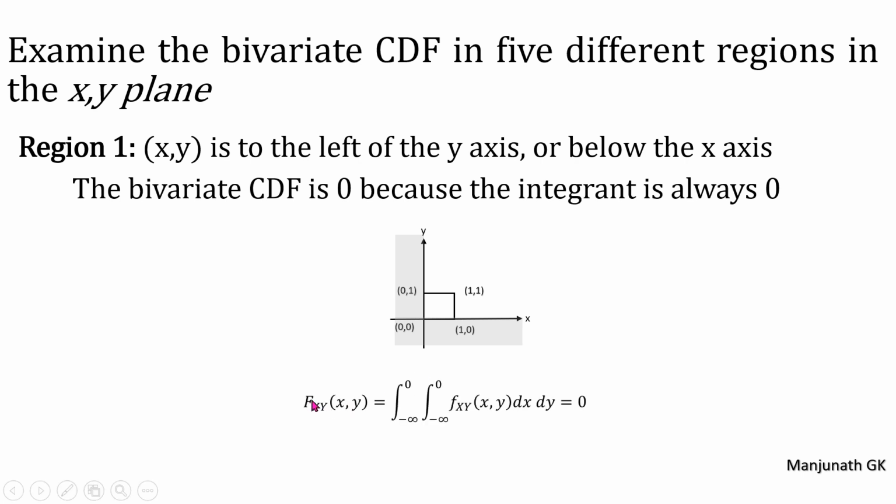A bivariate CDF can be calculated by integrating a bivariate PDF with respect to x and y. The bivariate PDF in this shaded area is 0, and the integration of 0 gives the value 0. As a conclusion, in region 1, the bivariate CDF for the given bivariate PDF is 0.